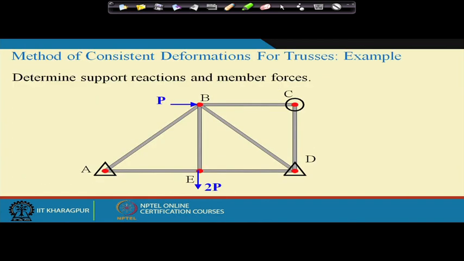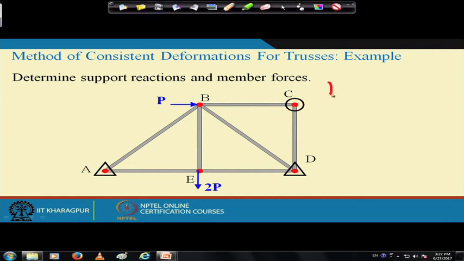So, let us take this problem. This is again an indeterminate truss. First, we need to find the static indeterminacy. You see here the number of members are 1, 2, 3, 4, 5, 6, 7, so m is 7, and the number of joints are 1, 2, 3, 4, 5, so j is equal to 5.